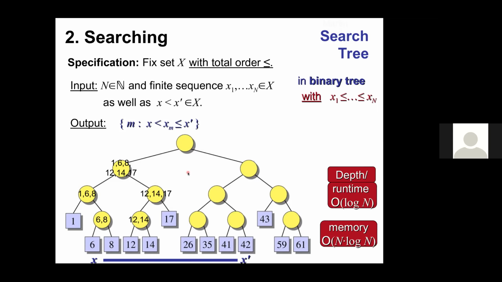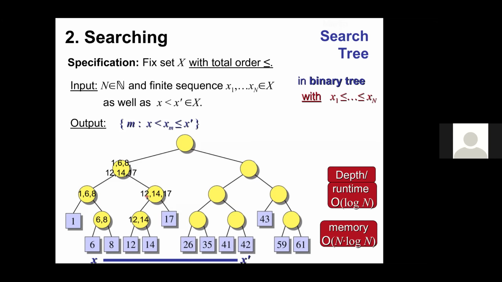So the idea is, if you are given elements x and x prime, when you're in this node you can compare x with the largest element on the left and with the smallest element on the right.